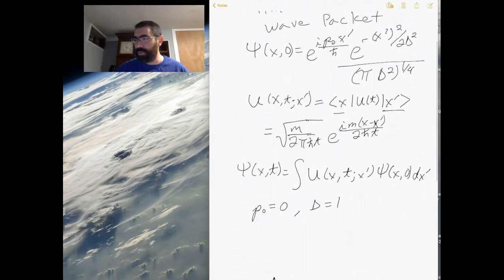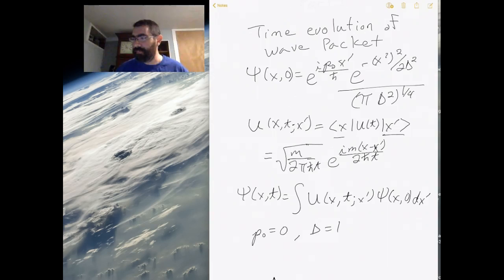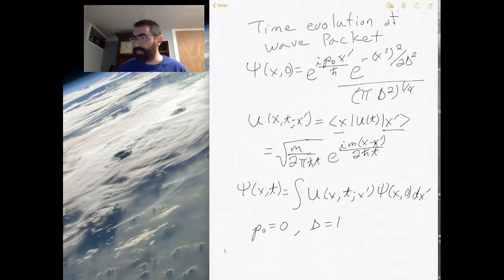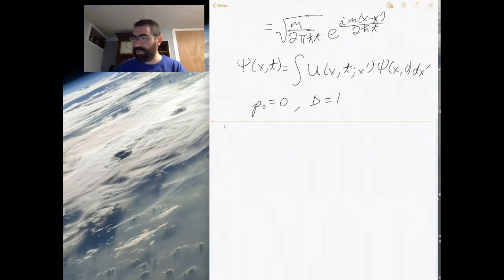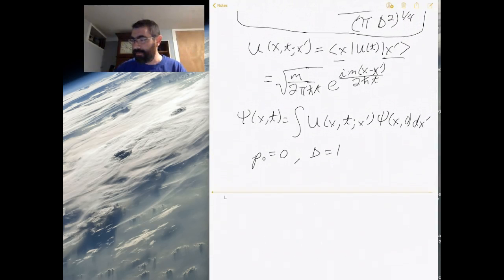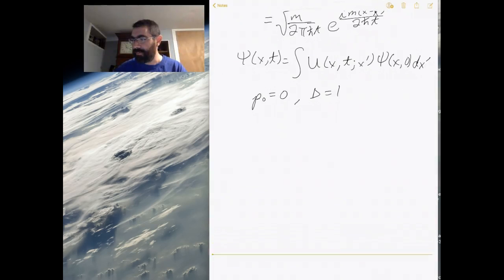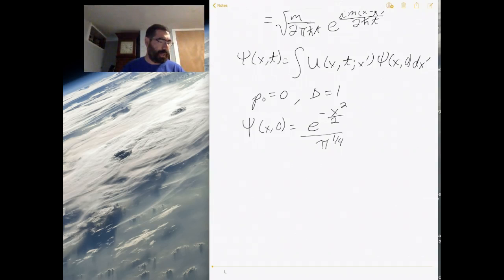If we apply that to our initial wave function, it simplifies to psi of x at time 0 equals e to the minus x squared over 2, divided by pi to the 1/4 power. So, a much simpler wave function.